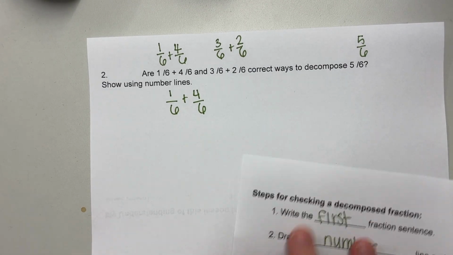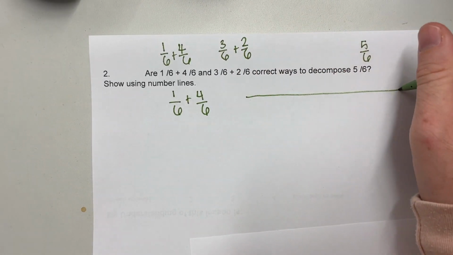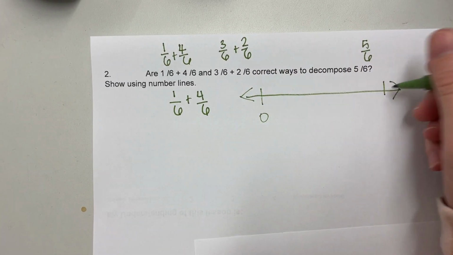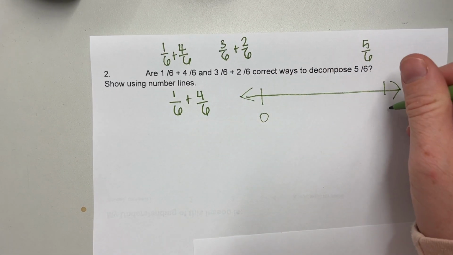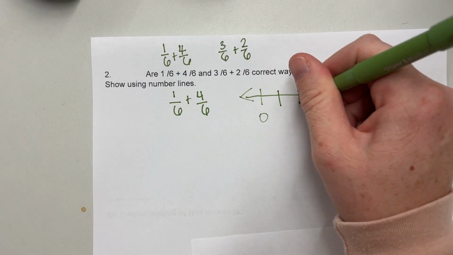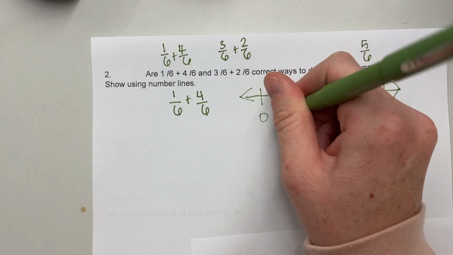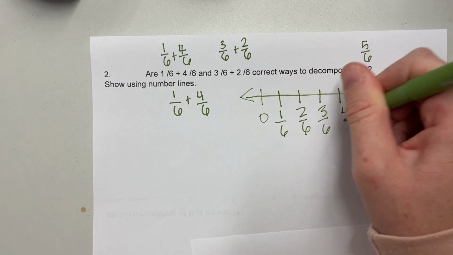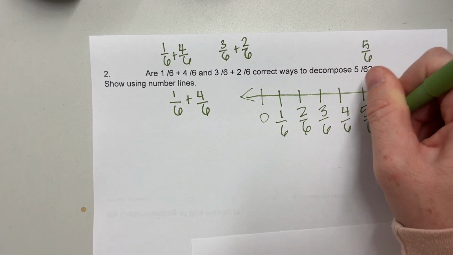Okay, now I need to draw my number line and label. 0, and how many parts do I need to break it up into? 6's. So 1/6, 2/6, 3/6, 4/6, 5/6.